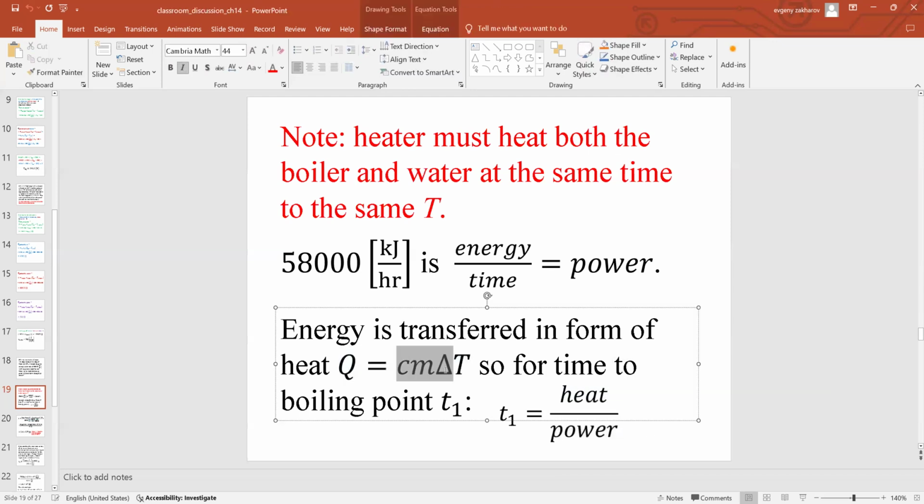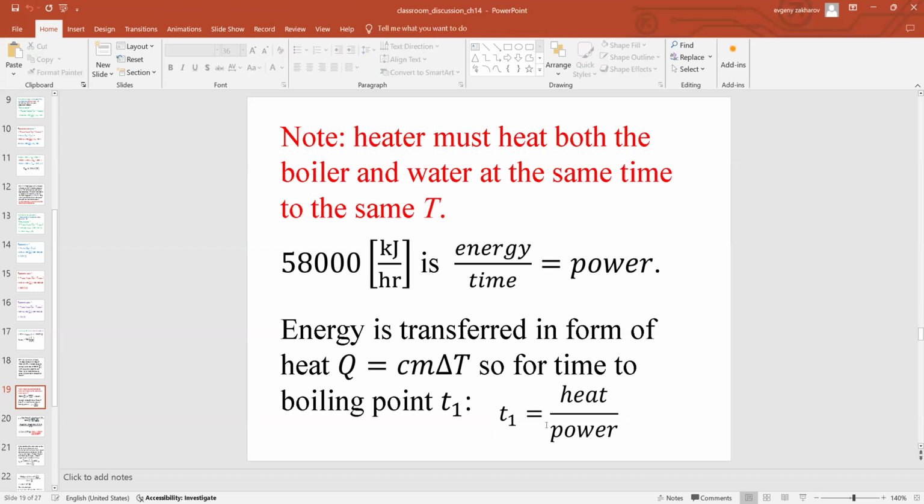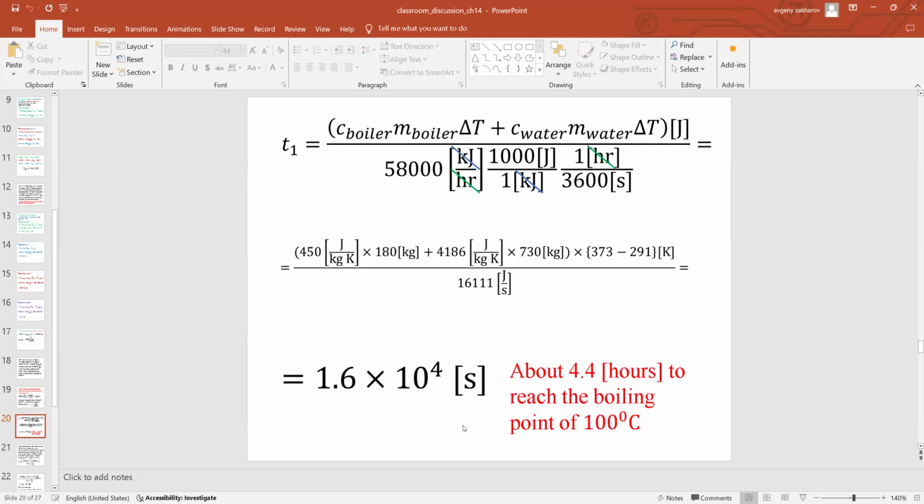And the heat is also Cm delta T, the specific heat times the mass times the change in temperature. So you can solve for the time from, once again, the definition of power, which would be energy divided by power, and heat by itself. The energy transfer is the Cm delta T formula that we discussed during the lecture.